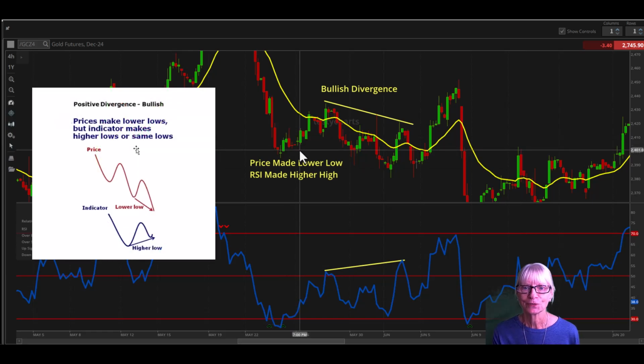And then let's look at, here's our bullish divergence, as you can see outlined in the graph next to you here. This is when the price has made lower lows, whereas the RSI is making higher highs in that same time frame. Now we have a trend line here, and this is gold. This is a 4-hour chart on gold. I find that both gold and oil 4-hour charts along with the RSI work really well hand in hand.